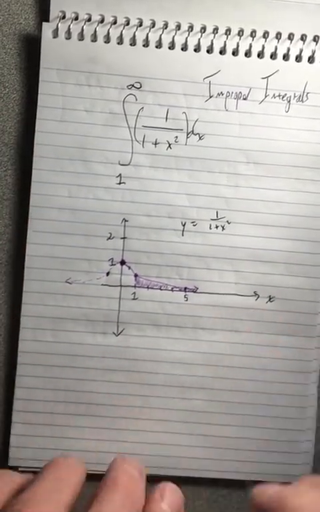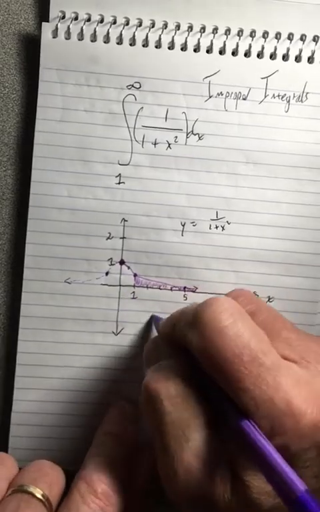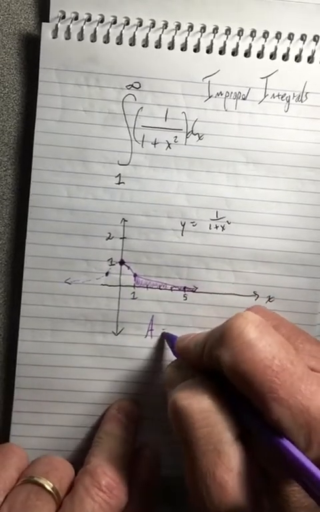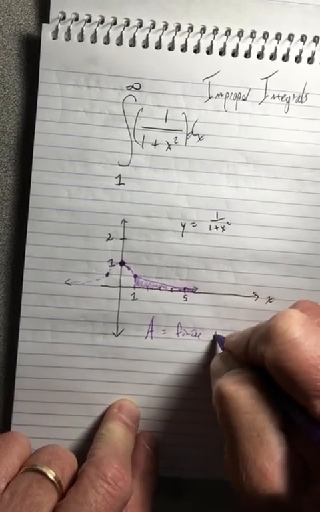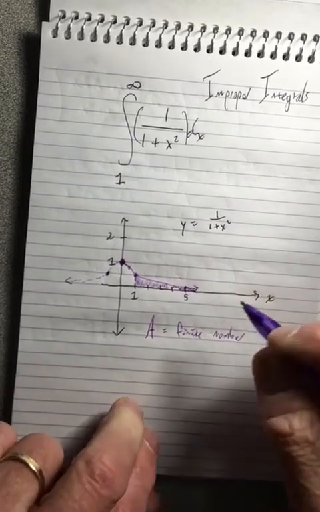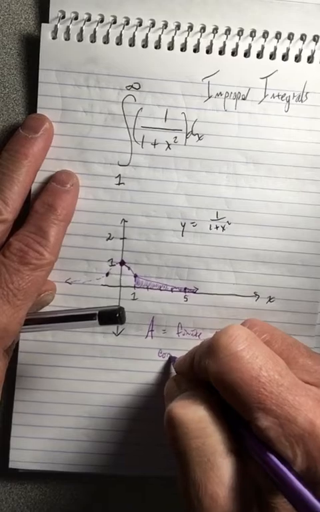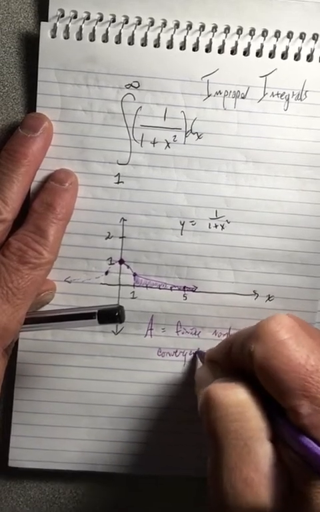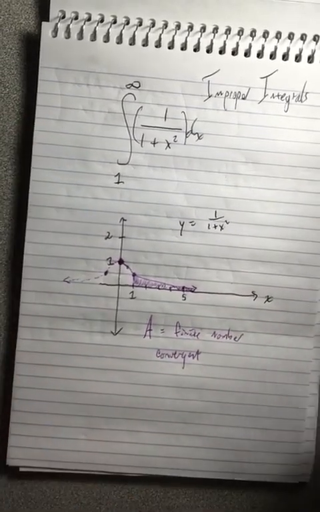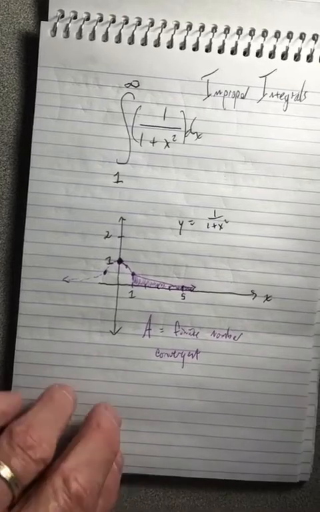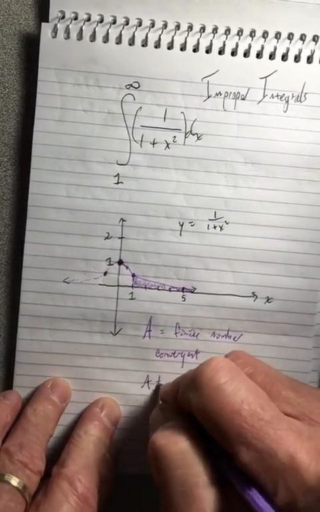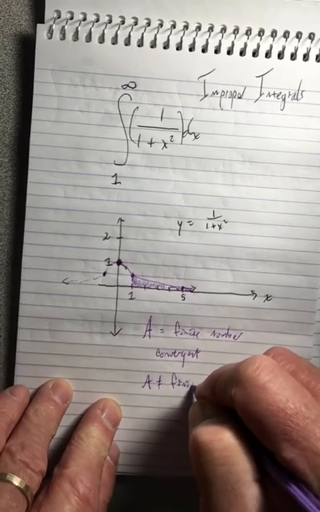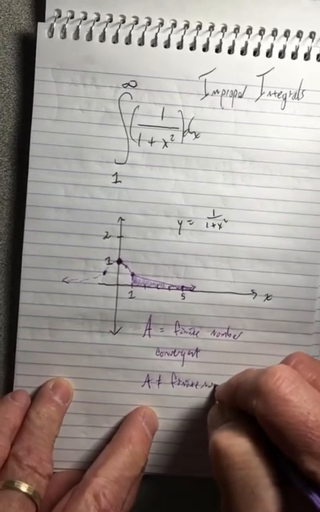If the area, let's call it A, is some finite number, we say that the area is convergent. It converges to a finite number, and we say that it equals that number. If, however, it doesn't, then we say that it's divergent.